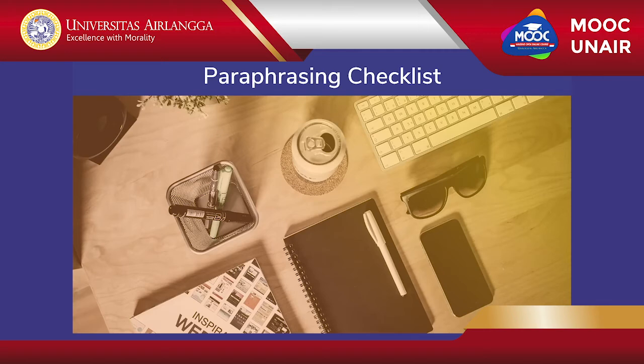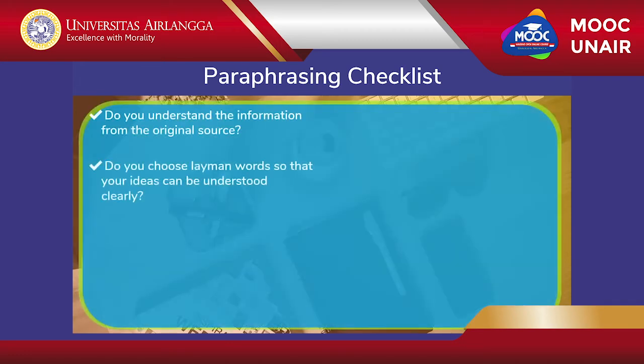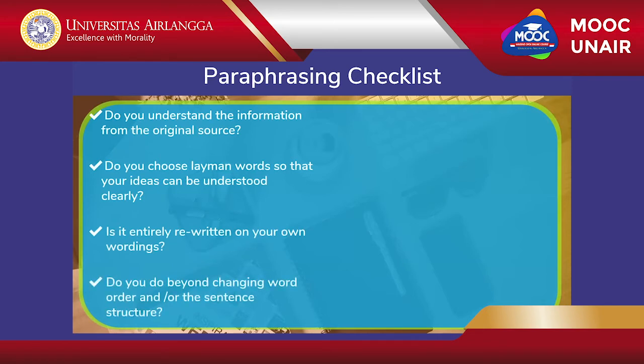First, you need to understand the information from the original source. So you can't simply just try to copy the source and then change the words later without actually understanding the idea of the source.